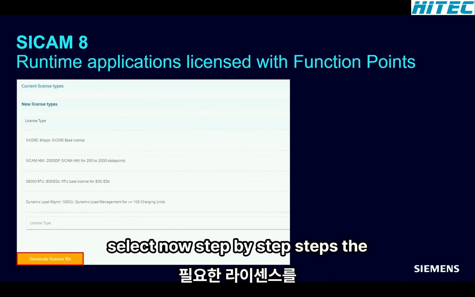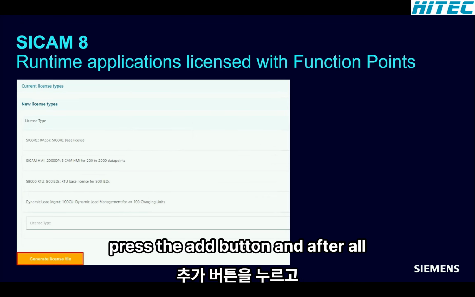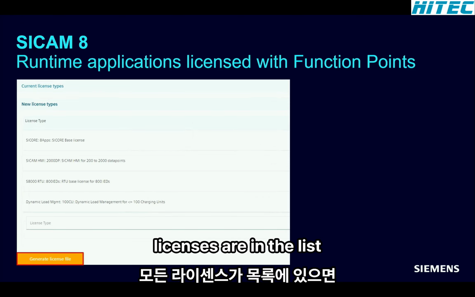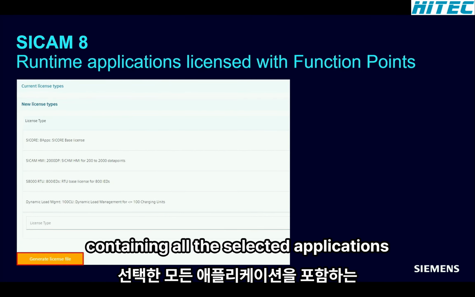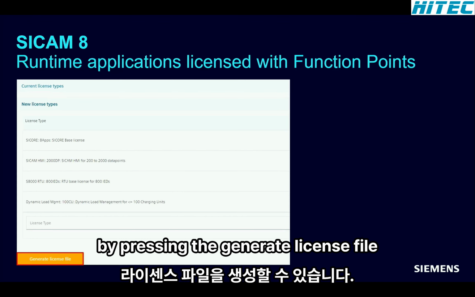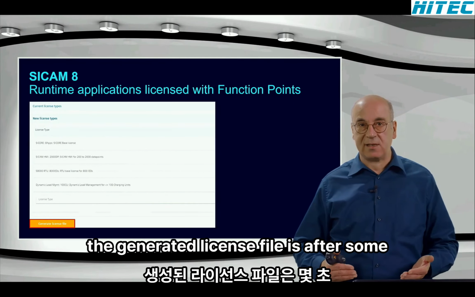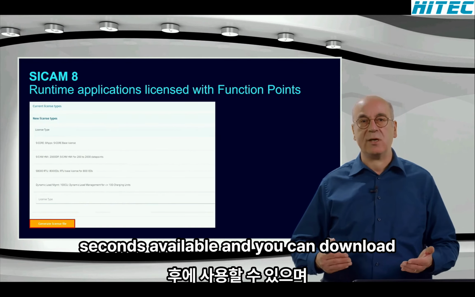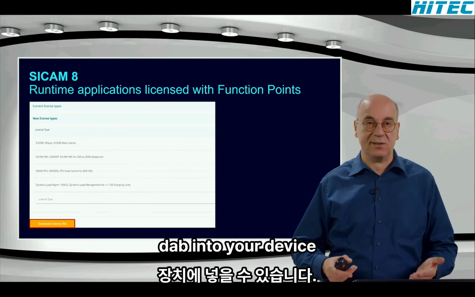Select now step by step the licenses you need. Press the Add button, and after all licenses are in the list, you can generate the license file containing all the selected applications by pressing the Generate License File button. The generated license file is after some seconds available, and you can download it and transfer the file via Sicam Web into your device.